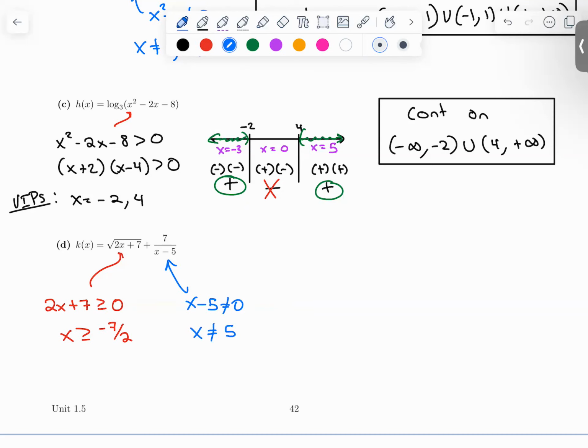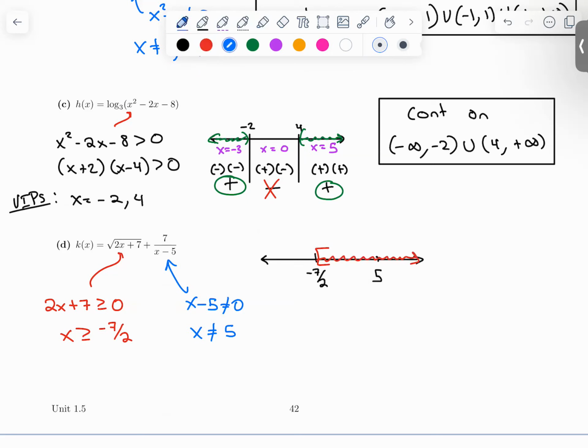So we have two conditions that need to be satisfied. I'm going to draw them on a number line to help us visualize it, but if you know the answer right off the bat, go right ahead. Here's -7/2, and here's 5. From the red, the square root, we have to be greater than or equal to -7/2.